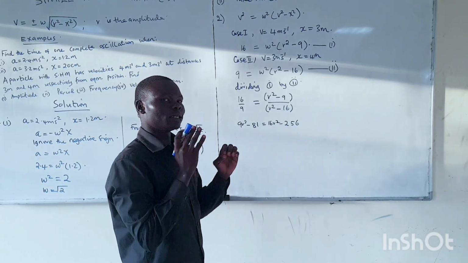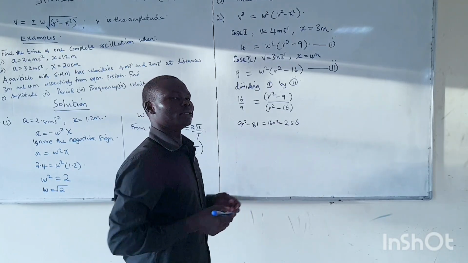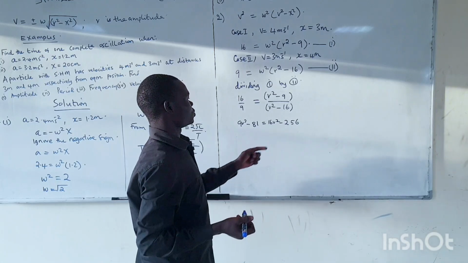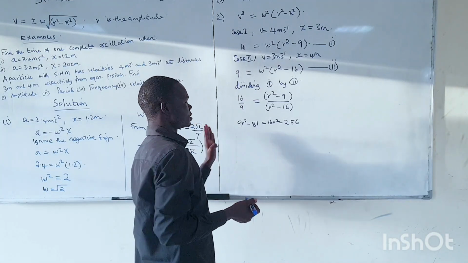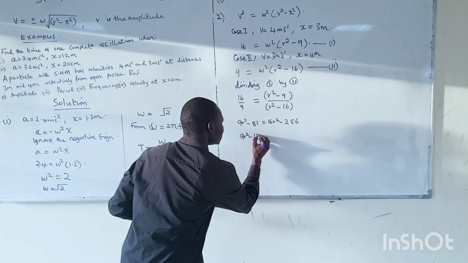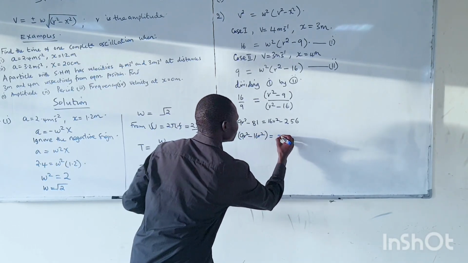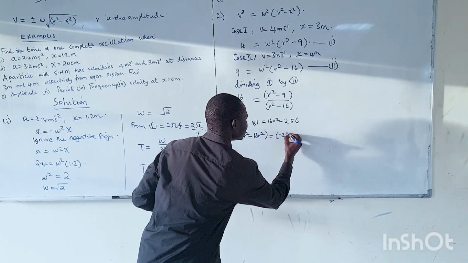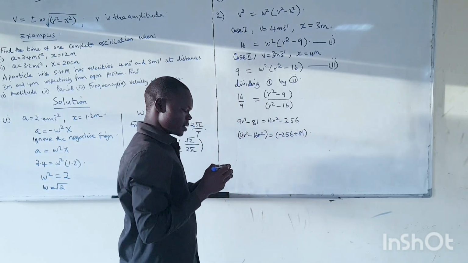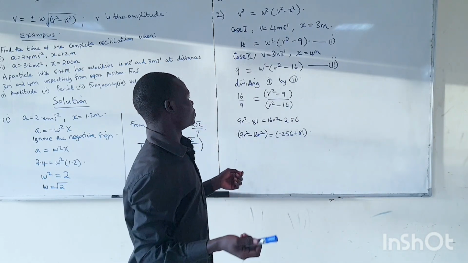We have to collect the like terms. r squared should be on one side, and the constants should be on the other side. If we decide to pull r squared to this side, we shall have 9r squared minus 16r squared is equal to negative 256 plus 81. Of course, when a sign crosses the equal sign, it will change to the opposite one.